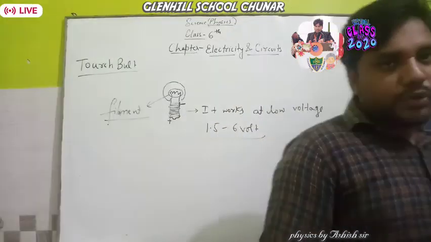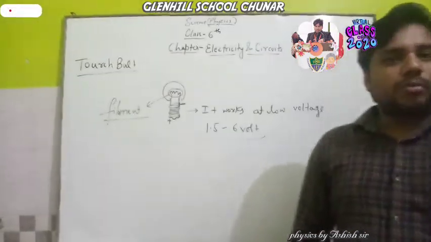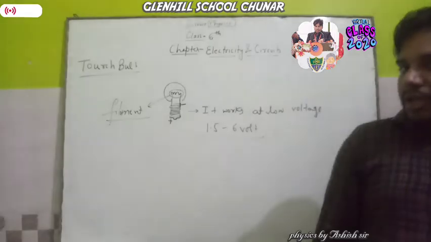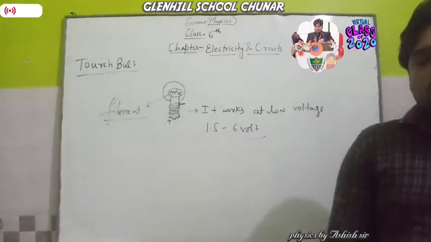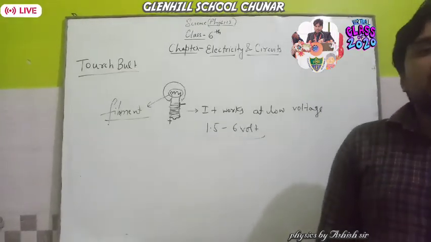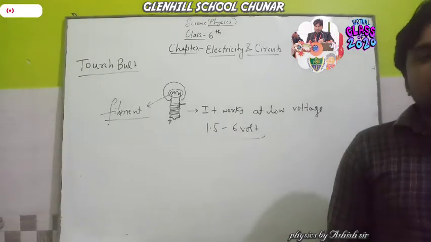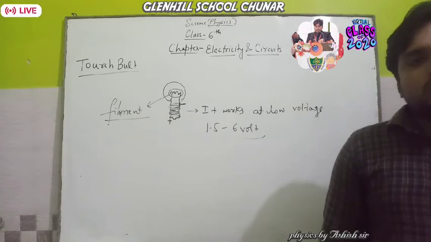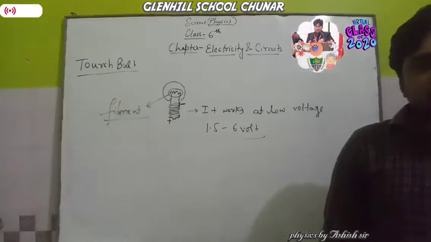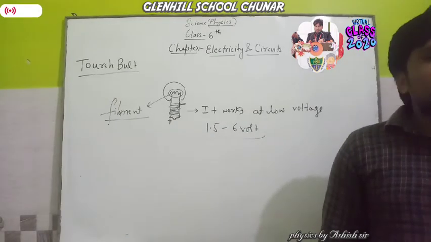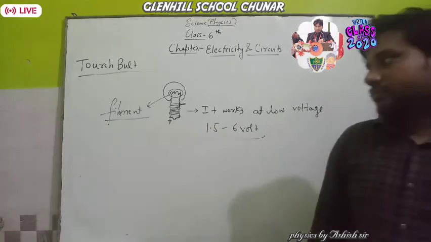The bulb which you use at your home, how much potential do they require? All the bulbs used at home require 220 volt potential, which means the voltage requirement is 220 volt. Clear?